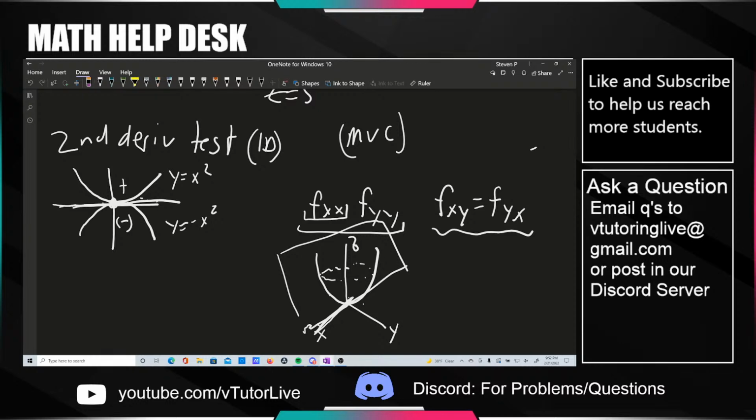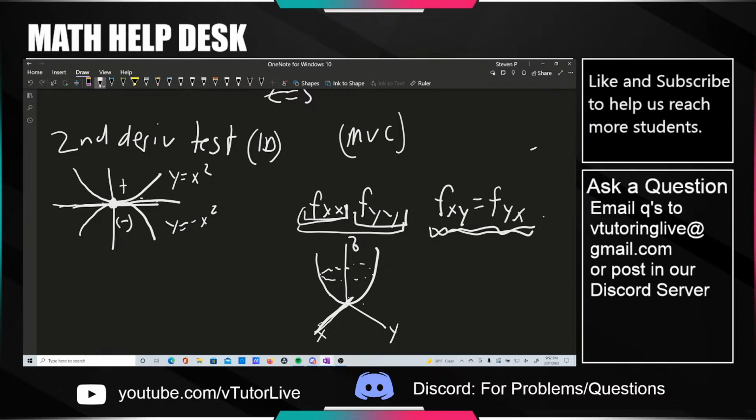And that has an upwards concavity. So fxx is positive and fyy will be positive if you go ahead and calculate these things. It's like saying the two concavities along certain slices are both positive.